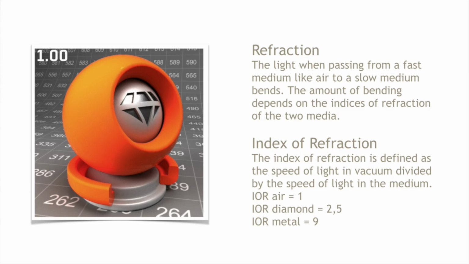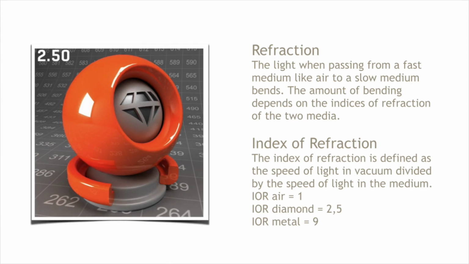And as I change it, in fact, the material turns more and more reflective. I'm already at 3. That's much closer to diamond. I'm increasing even more, and it turns even more shiny, even more reflective.